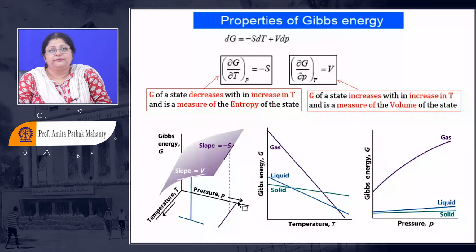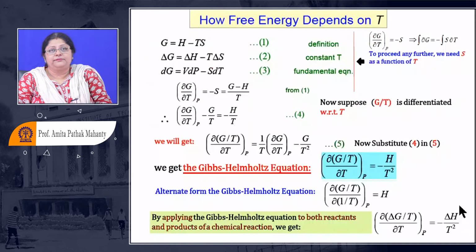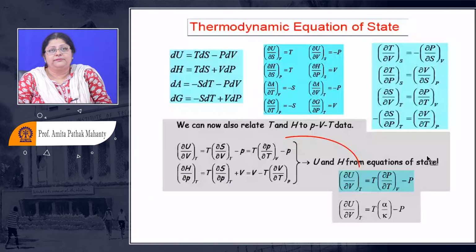So today we are going to start something which is very important for a chemistry class, and that is the Gibbs free energy. We had discussed the four fundamental equations, and we had derived the Maxwell's relations from the four thermodynamic fundamental equations.